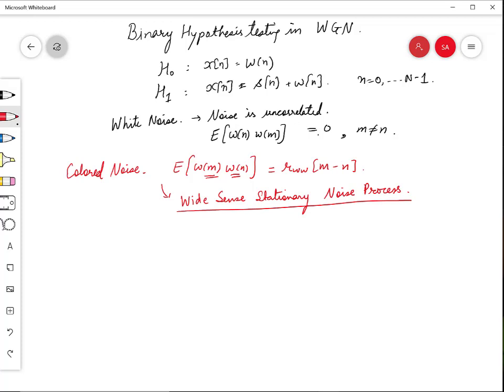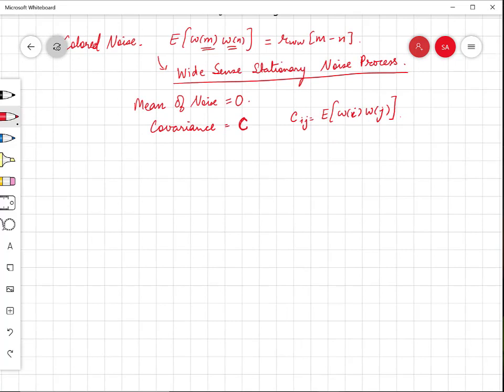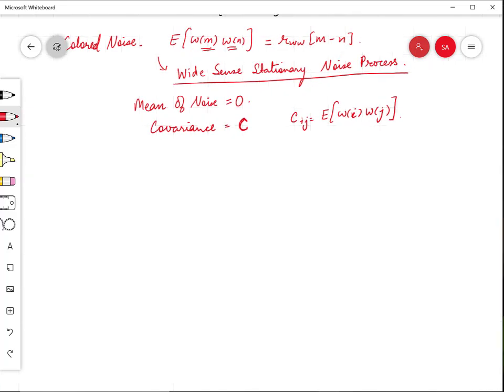The mean of the noise is again 0, and now the variance is given by a covariance matrix, denoted by a capital C, where the ij-th element is the expectation of Wi Wj. And the noise is again Gaussian. So I can write this C matrix like this.